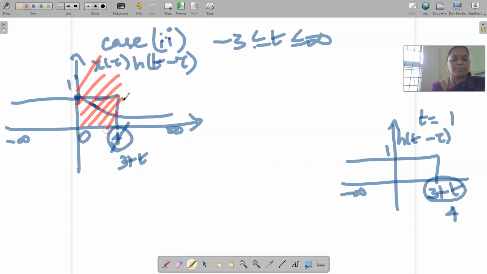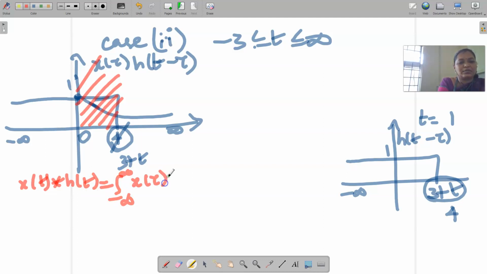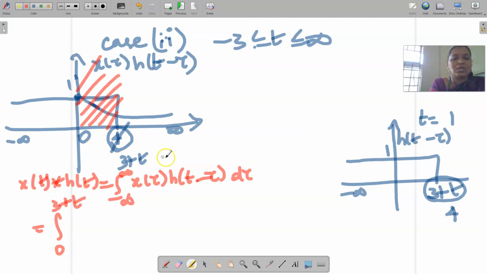It will get overlap. So, my integration will be there, x of t star h of t, which is nothing but minus infinity to infinity x of tau h of t minus tau d tau, and here particularly the region is between 0 to 3 plus t, okay. What is x of tau now? Okay, x of t is e power minus 3t u of t.